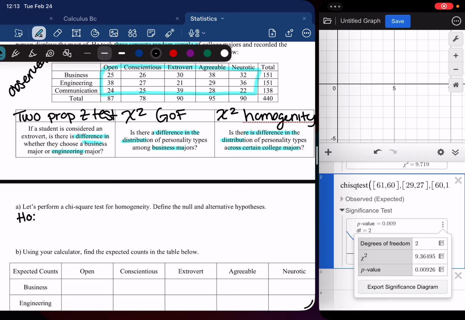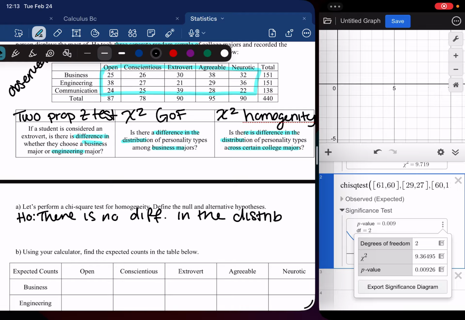We're not writing it in symbols. And we always say that the null hypothesis is what? There is no difference. So I'm going to write there is no difference in the distribution. And then we start talking about what the problem is.